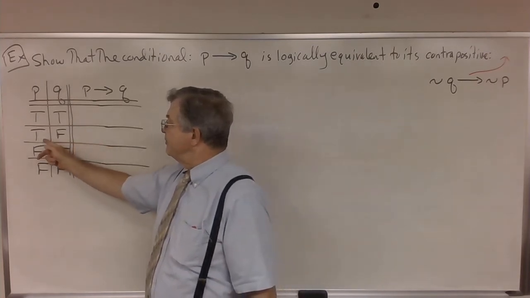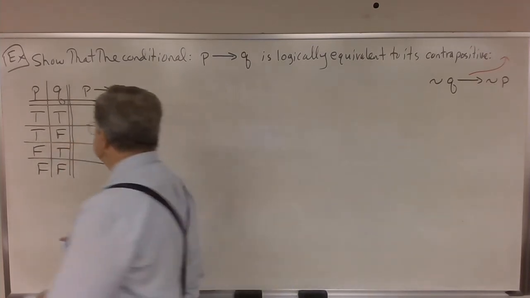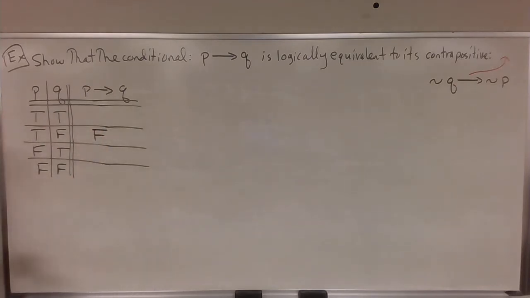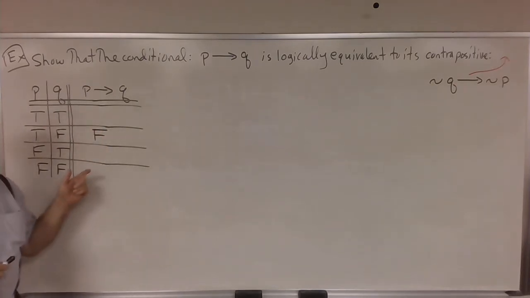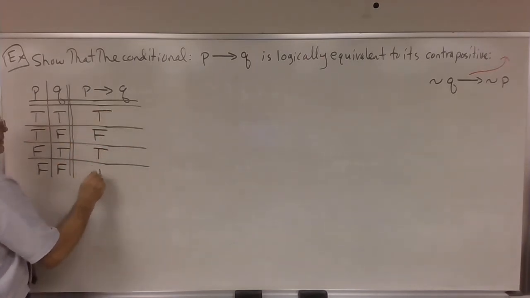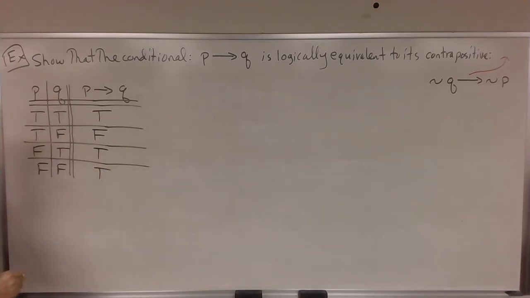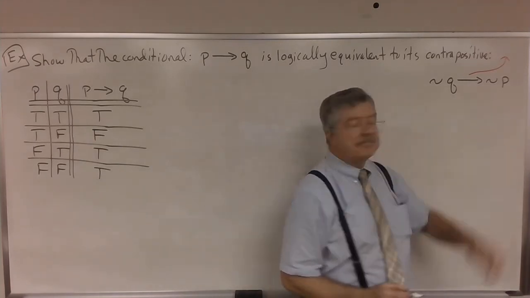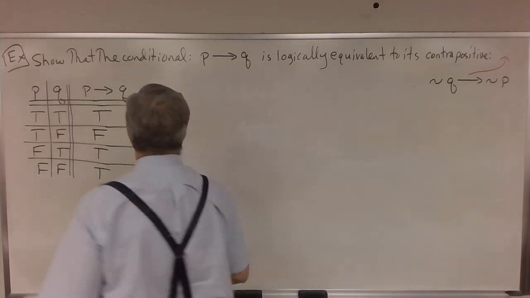And here P is true and Q is false. So this is the case when our conditional statement is false. In all other cases, it's true. So I don't even have to think about it. I just go true, true, true. Bingo, I'm done. Now, let's do the truth table for this joker. Again, we have P and Q.